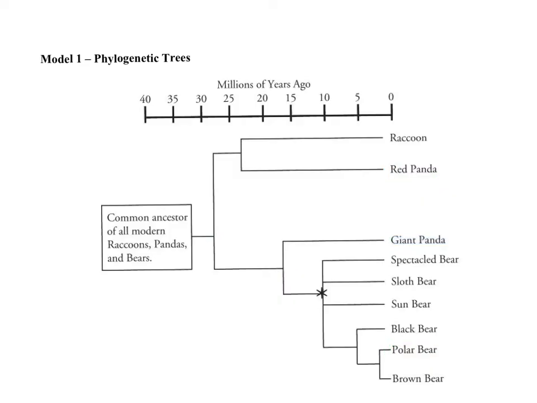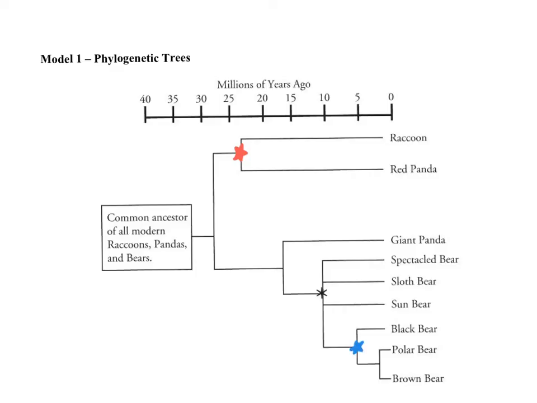For number 7, place a red star on the phylogenetic tree where the common ancestor for raccoon and red pandas would be. So there is the red star where the common ancestor for raccoon and red pandas are. For number 8, place a blue star on the phylogenetic tree where the common ancestor for black, polar, and brown bear would be.